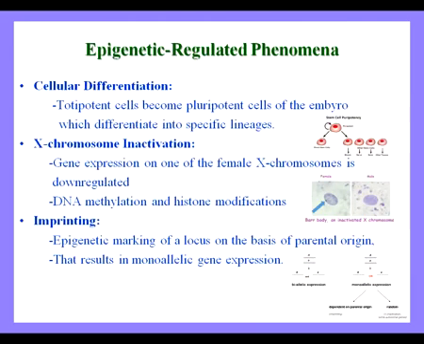These are some of the biosynthetic pathways which are also affected by epigenetically regulated phenomena, and these are cellular differentiation. Totipotent cells become pluripotent. That is also, you see, the embryonic stem cell retains the entire ability of developing into an organism.